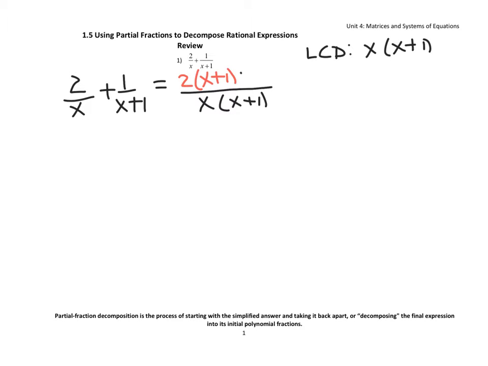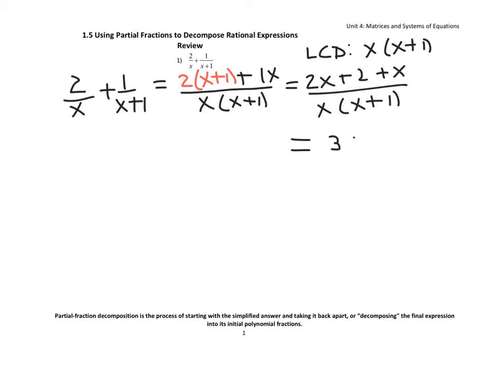And I also see that for the next denominator 1, it's missing x. So I'm going to multiply 1 times x. And when I do that, I can simplify. So I get 2x plus 2 plus x over x plus 1. And this simplifies to 3x plus 2 over x plus 1.